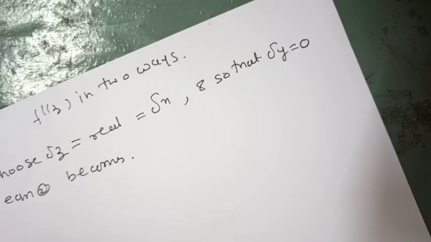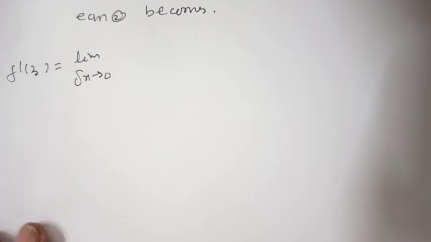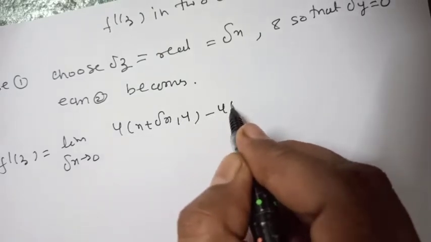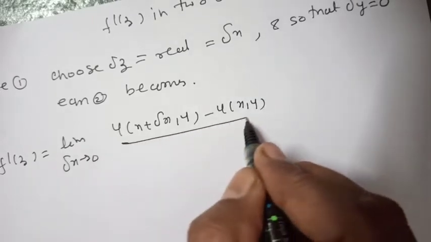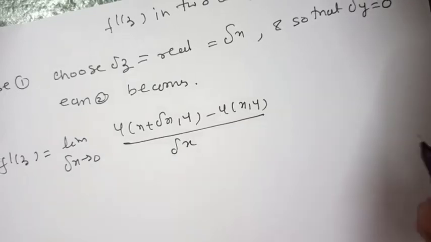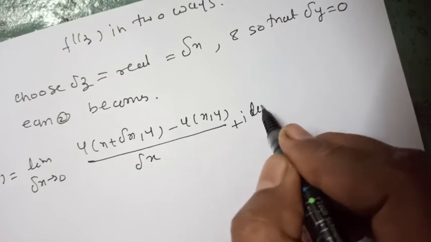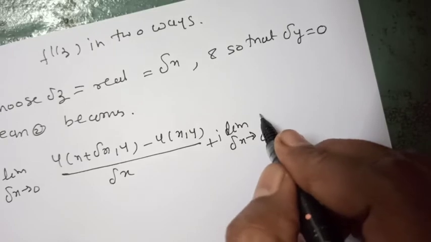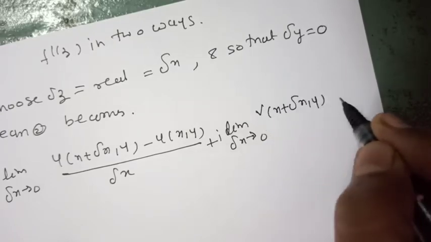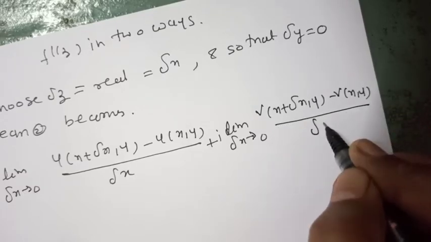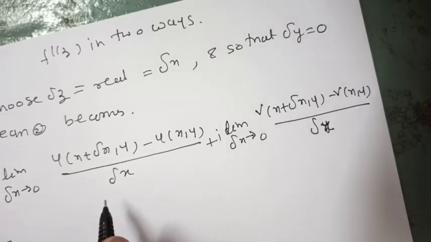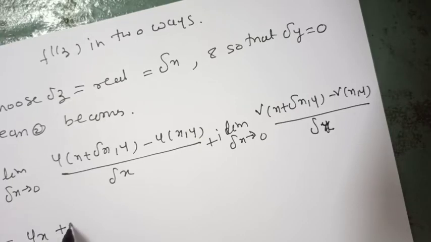f dash z equal to limit as delta x tends to 0 of u of x plus delta x, y minus u of xy upon delta x, because delta y is 0, plus I times limit as delta x tends to 0 of v of x plus delta x, y minus v of xy upon delta x, and this is nothing but ux plus I times vx.